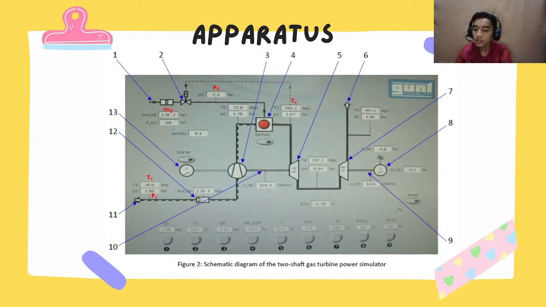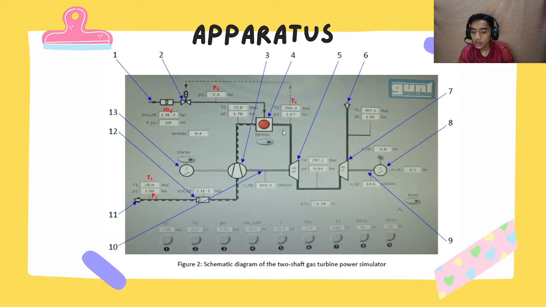And next, after we open the starter, the flow will go to the compressor. The fuel inlet and the inlet air port will go to the compressor, and then it will move to the combustion.